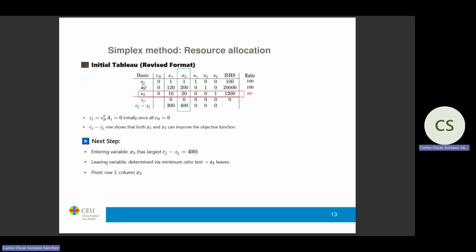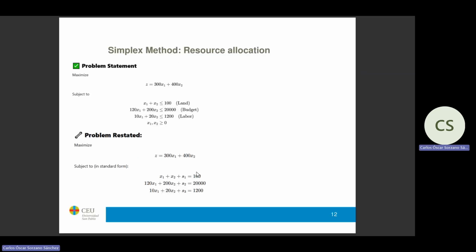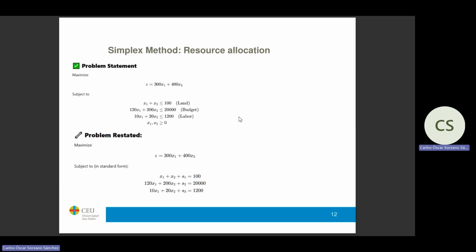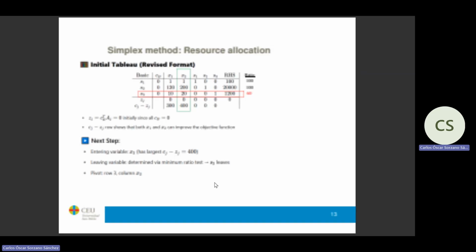So we set x1, x2, x3 to 0, and then the basis is just the constraints. So they will be 100, 20,000, and 1,200. And I have called this the right-hand side, because they are in the right-hand side of this equality constraint.